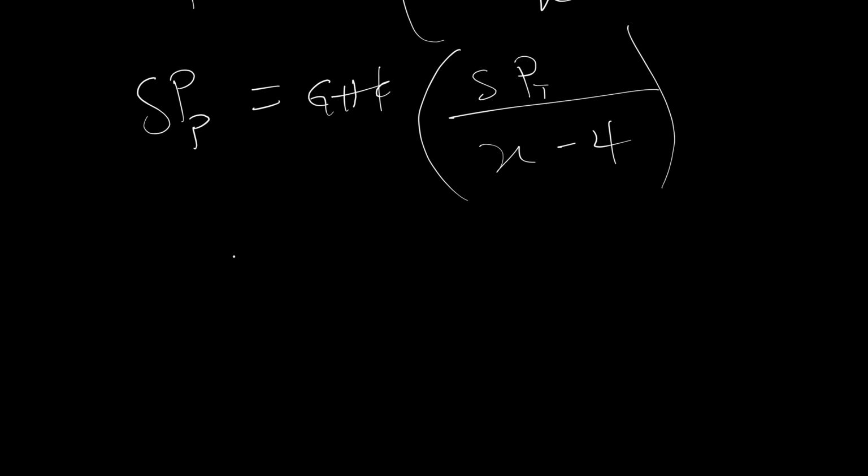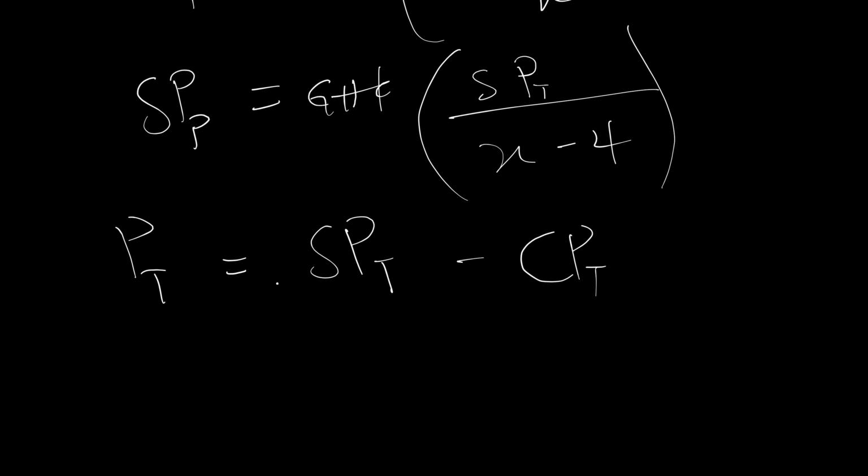So we know that total profit is equal to total selling price minus total cost price. And the total profit is 6 Ghana cedi.